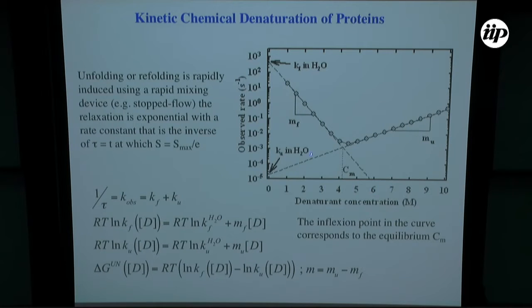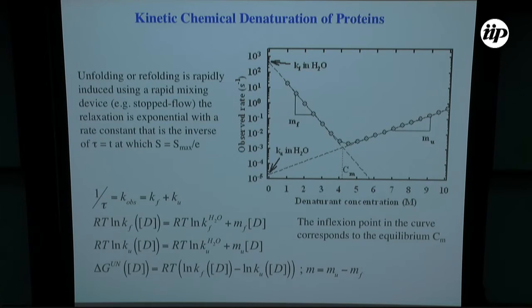And then what happens here is if you do an experiment in which you start with no denaturant and go all the way to very high denaturant, you will see a rate constant, and as you decrease the final concentration of the denaturant, the rate constant will decrease linearly in a log scale, right? At some point, it will tip over, and then it will do the opposite with the opposite slope. I mean, the opposite direction, also the magnitude may be different, okay?